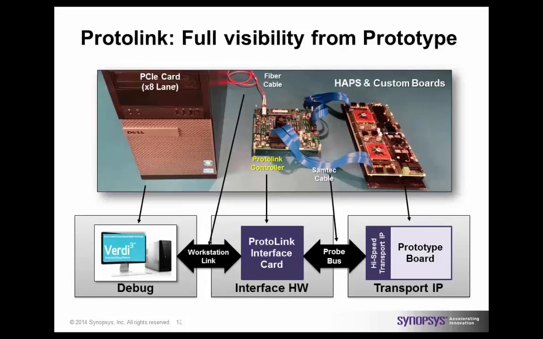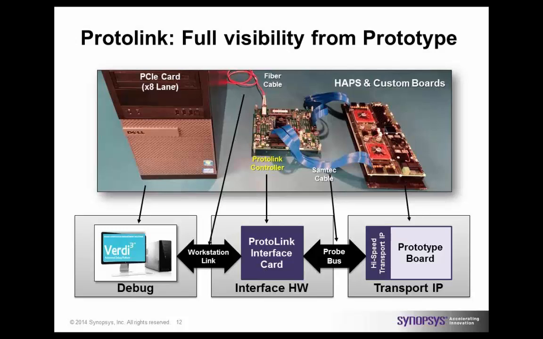Moving on to a prototyping board. If you could get out all the information, or let's say the visibility of your design that's running on a prototyping board directly into an FSDB file, then you can gain a lot of visibility out of it. So we actually have a breakout board called Protolink controller. It directly attaches either to a custom board or an industry standard HAPS board.